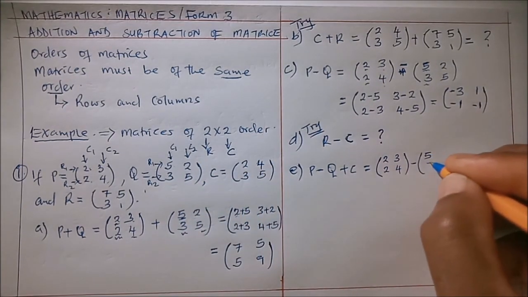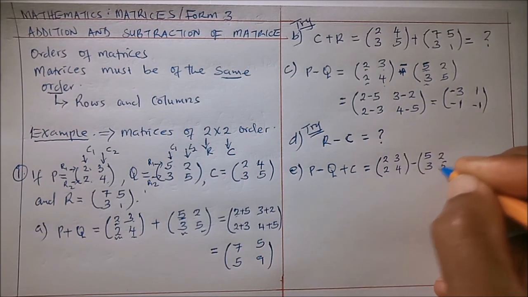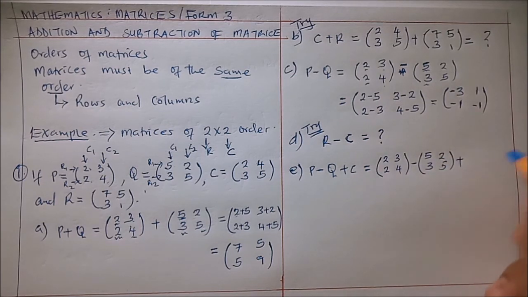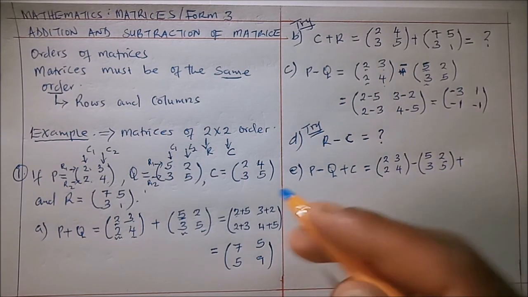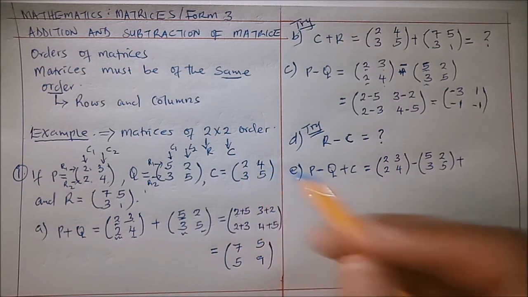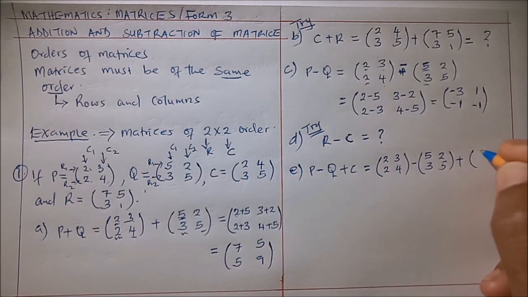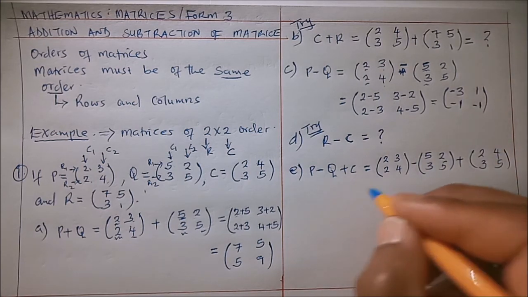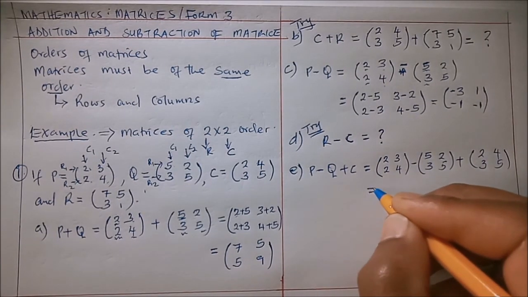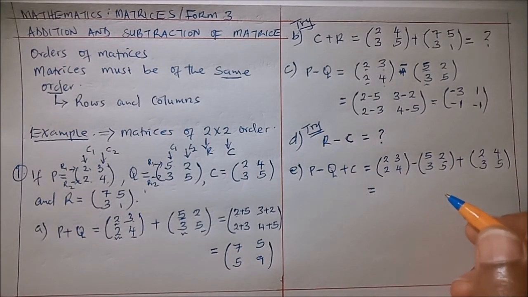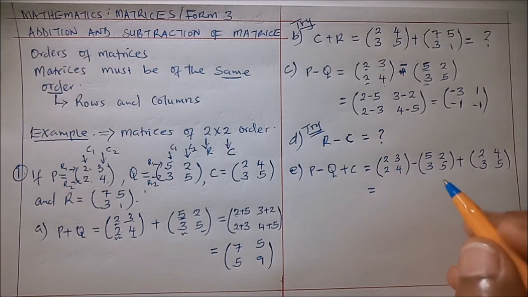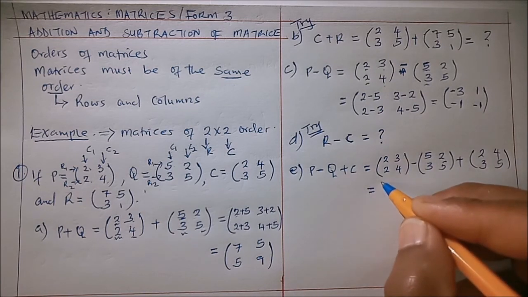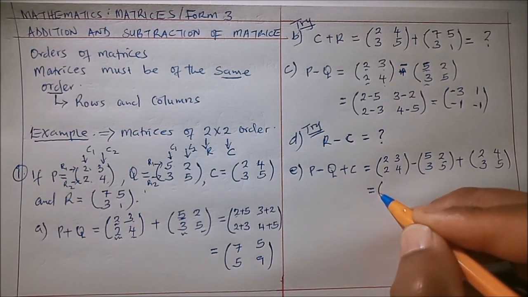Then I add, I'm told to add C. 2, 3, 4, 5. So after having that, then I just have to remember that I'm adding elements in the same position, and subtracting elements in the same position as well.